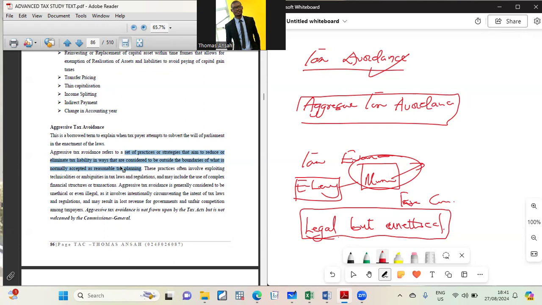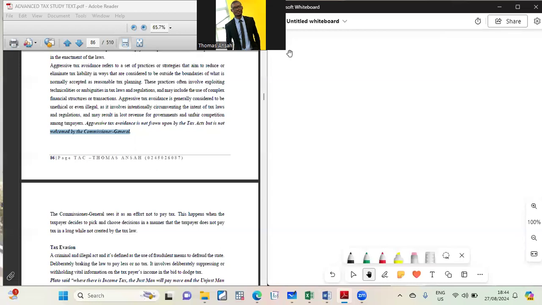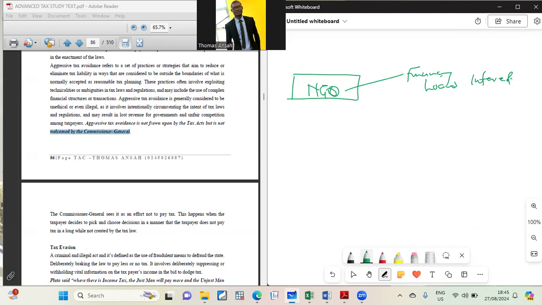So let me give you a typical example. Let's use the NGO system: operating an NGO that is actually financing loans and taking interest, but it's an NGO.